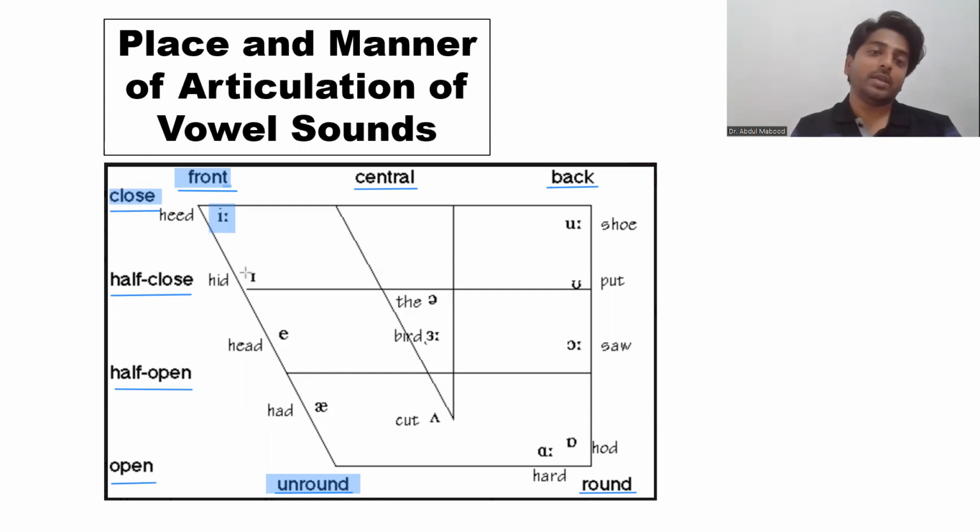Now step by step the shape will change. It was E, then come to this A. So the shape of our mouth is getting from closed to half open to completely open, right?